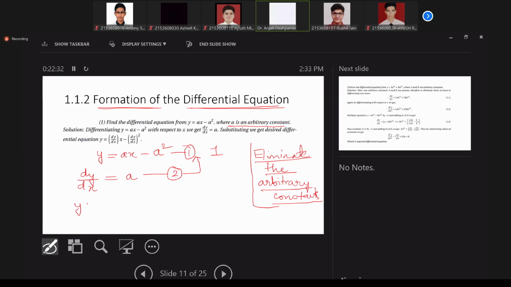That means I'll write y is equal to x into dy by dx minus dy by dx whole square. And that is our required differential equation. Idea is clear to everybody? Okay, very good.